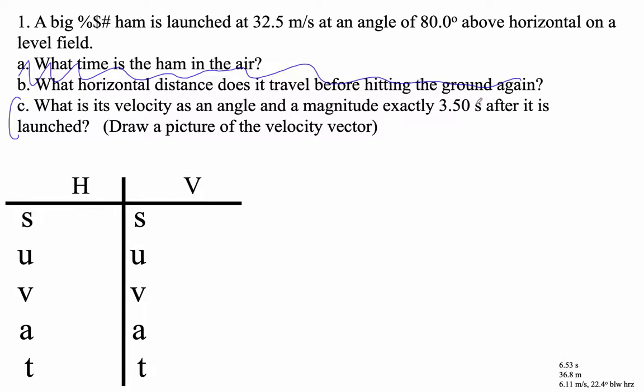Now I think it's just barely going down. Okay, because it's in the air for 6.53 seconds, right? So whatever half of 6.53 is, whatever that is, it's going to be at the top, right? Okay, so at 3.5 seconds, I believe it's on its way down, but let's just fill it in.